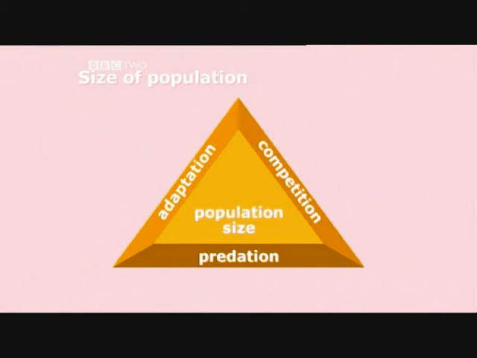A tip on remembering these things is to draw a triangle and put the population size in the middle. The three controlling factors are added to the sides: adaptation, competition and predation. Predators themselves are affected by these things, particularly their own food supply, their prey. But how?